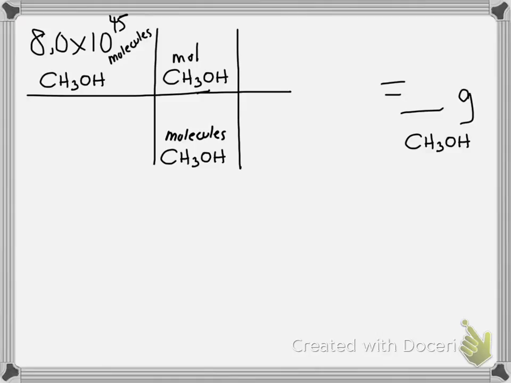Okay, and what's going to go in our last box? What's down on the bottom to cancel? Moles of methanol, moles of CH3OH. And what's going on the top? Grams of the same thing, CH3OH.